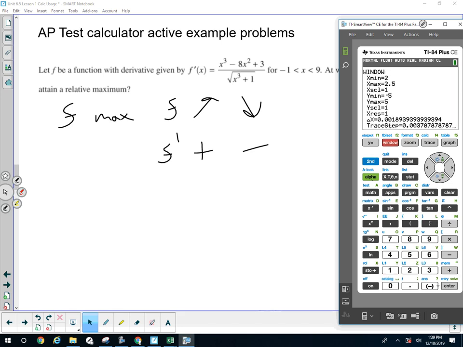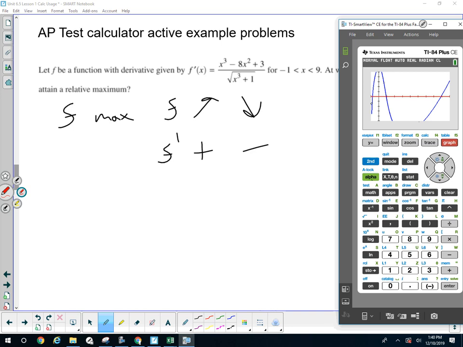Making sure you adjust your window from -1 to 9. I'm going to keep my y's as -5 to 5. I think it'll be fine. And this is great. These are negative values. These are positive values.